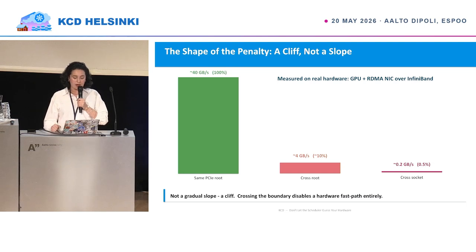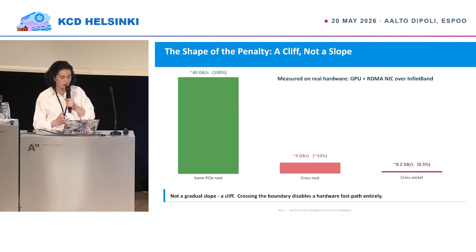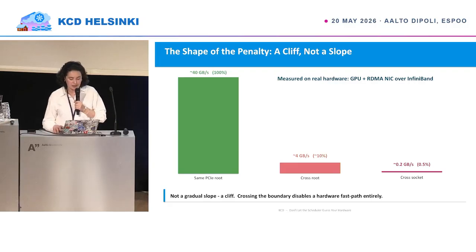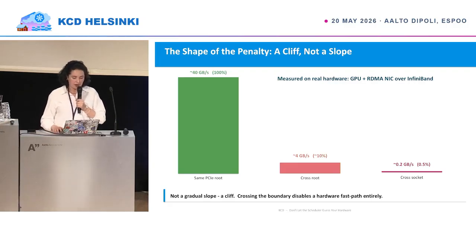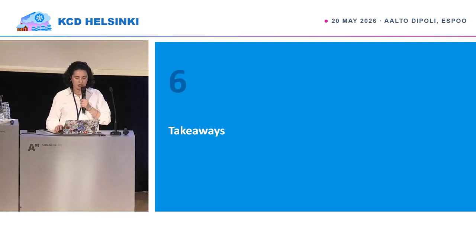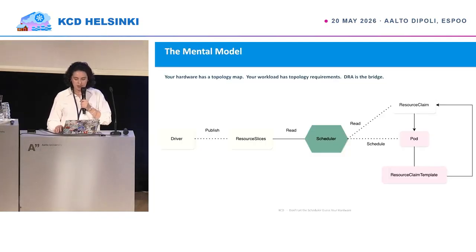By enforcing the collocation between NICs and GPUs, the bandwidth jumped from 0.2 gigabytes per second to 40 gigabytes per second. With a very simple configuration, we reached this goal.